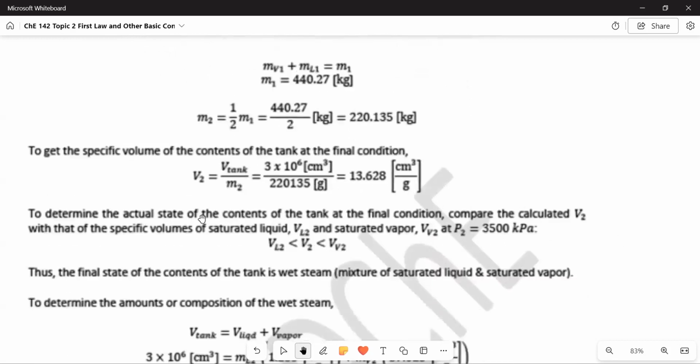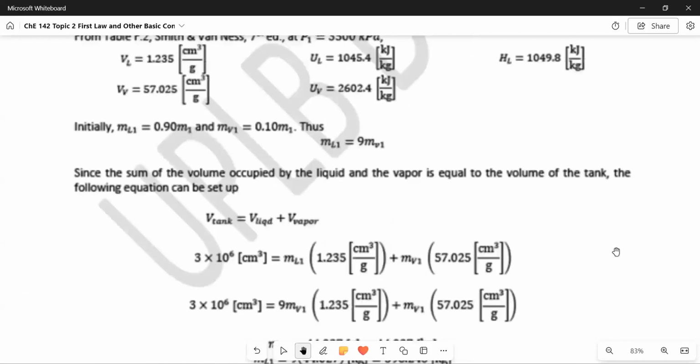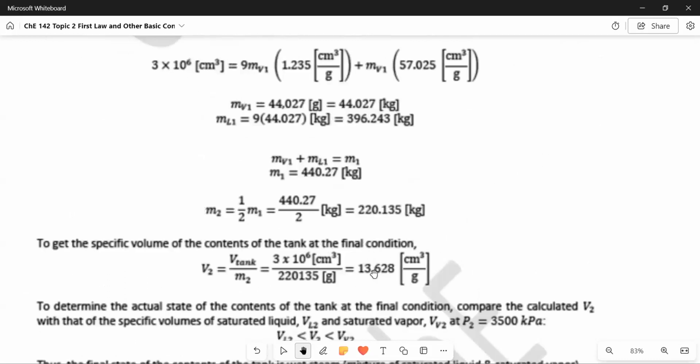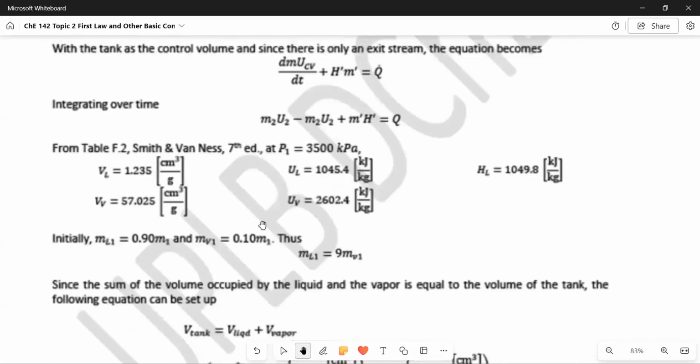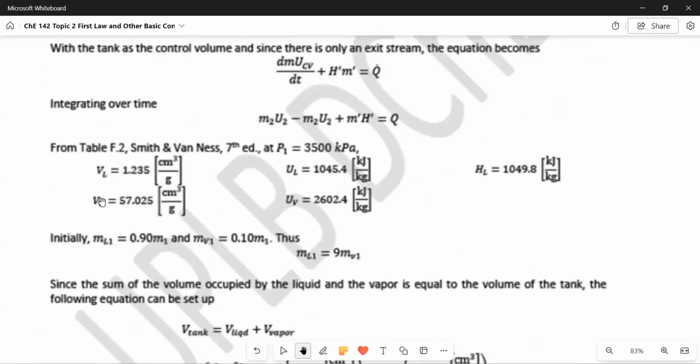But to determine the actual state of the contents of the tank at state 2, or the final condition, we can compare the calculated specific volume with the volume of saturated liquid and vapor. Okay, so you compare this value, 13.628, with VL and VV.